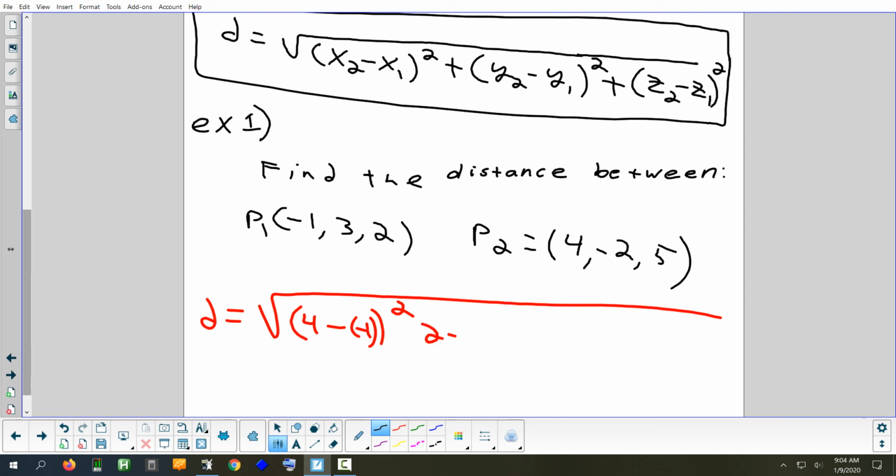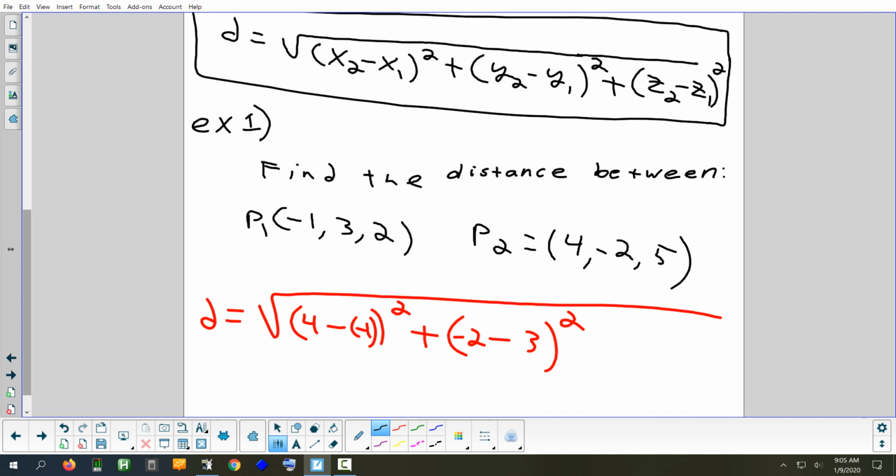Make sure we put the plus sign. So put that first, then put our parentheses, and now fill it in. -2 minus 3. Yep.